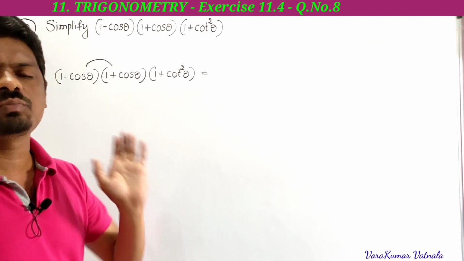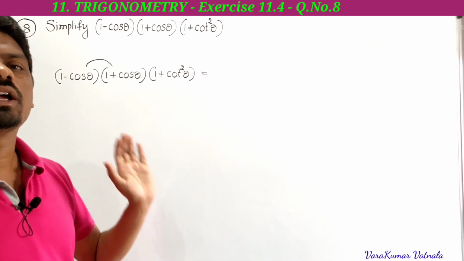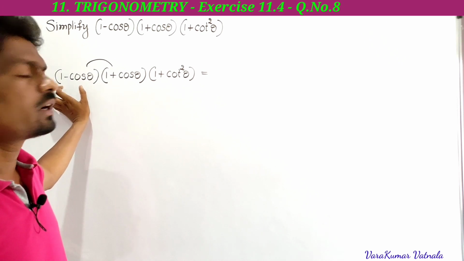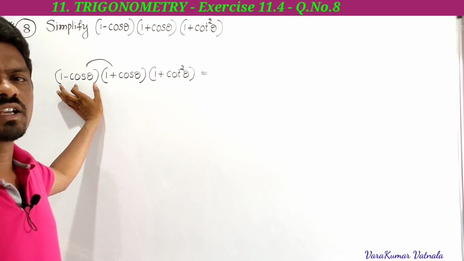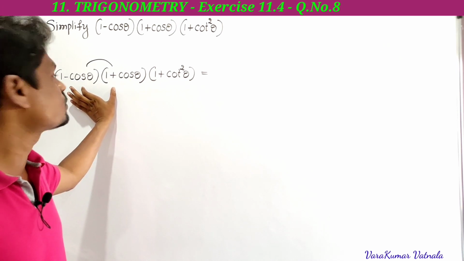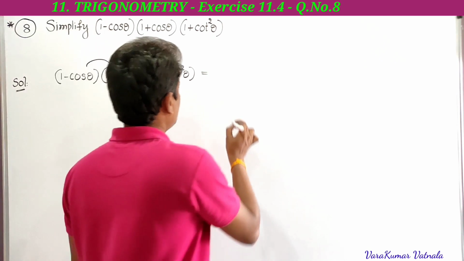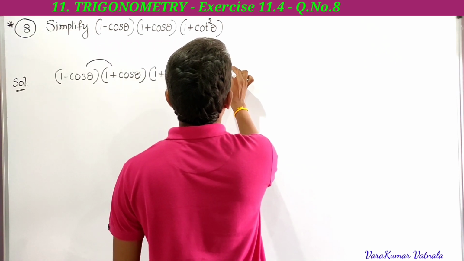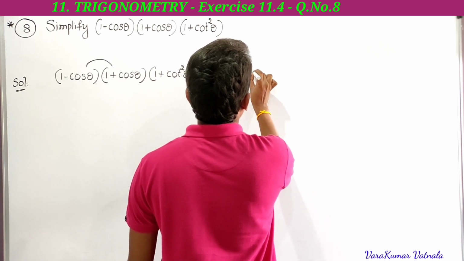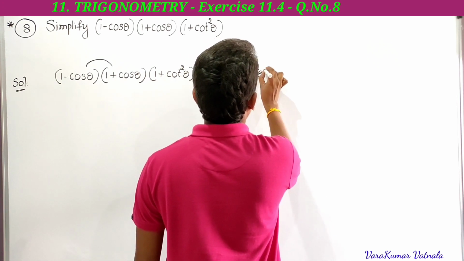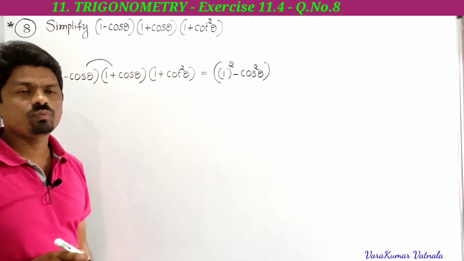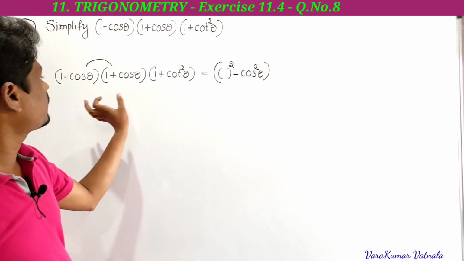We know a minus b into a plus b is equal to a square minus b square. But here instead of a we have 1, instead of b we have cos theta. So we can write 1 square minus cos square theta, using a minus b into a plus b equal to a square minus b square.